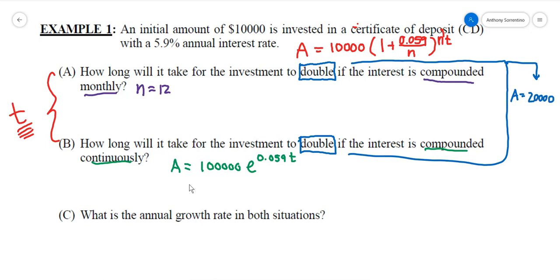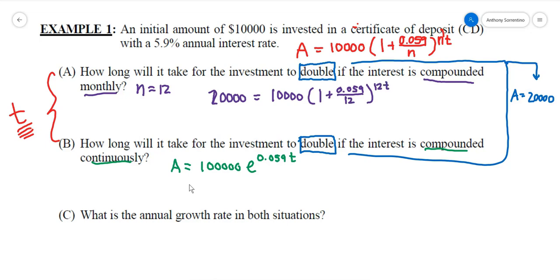With this, I can now answer these questions, because now I can say, okay, well, here I have 20,000 equaling 10,000 times 1 plus 0.059 over 12 to the 12t power.